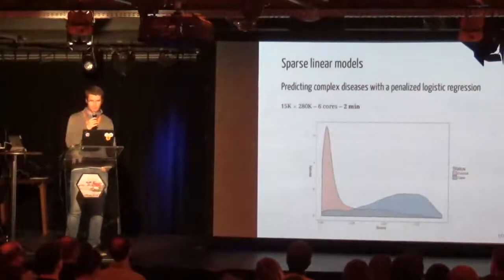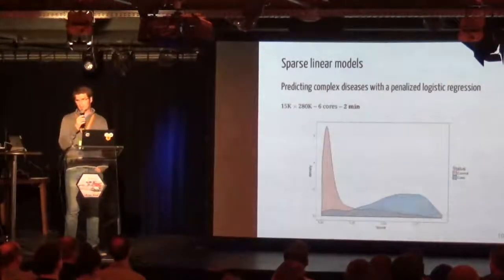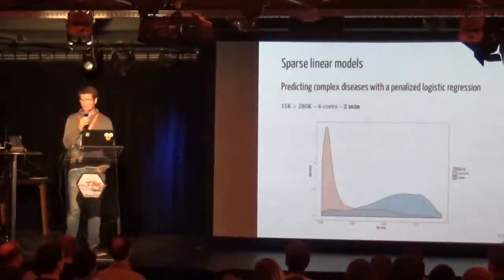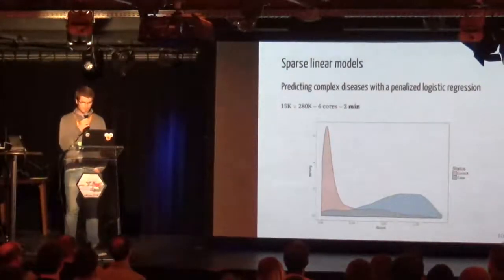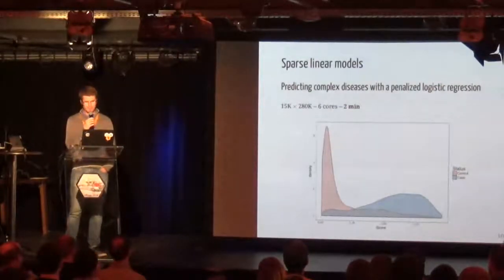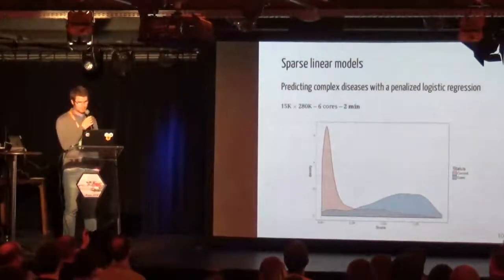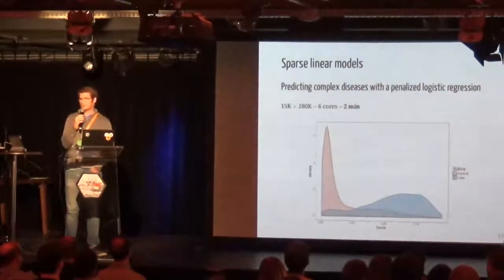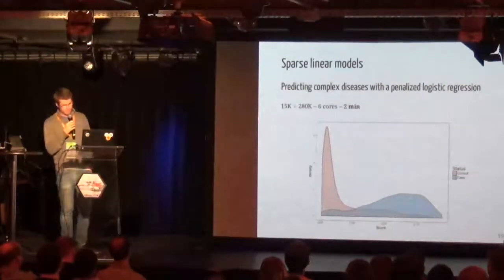I also have penalized linear and logistic models, and I use that to predict complex disease based on DNA mutations. And you can see here the results, and it's very fast because it takes only 2 minutes for data that would take like 30 gigabytes of RAM.